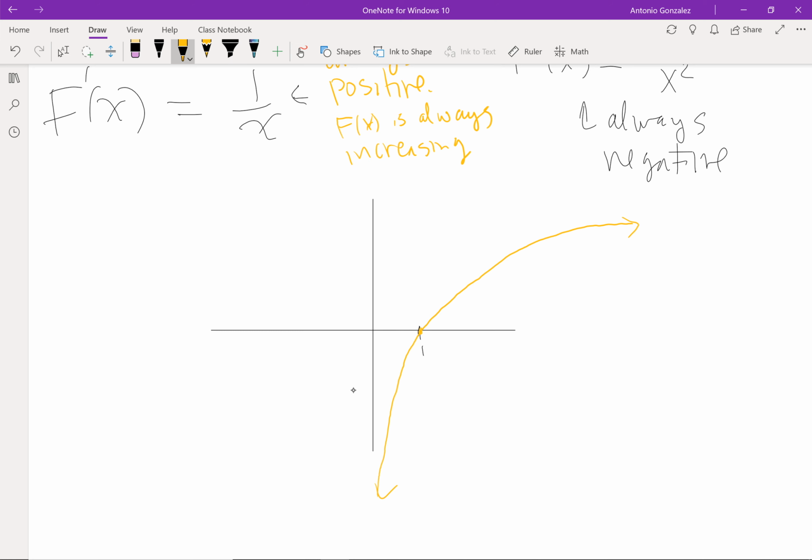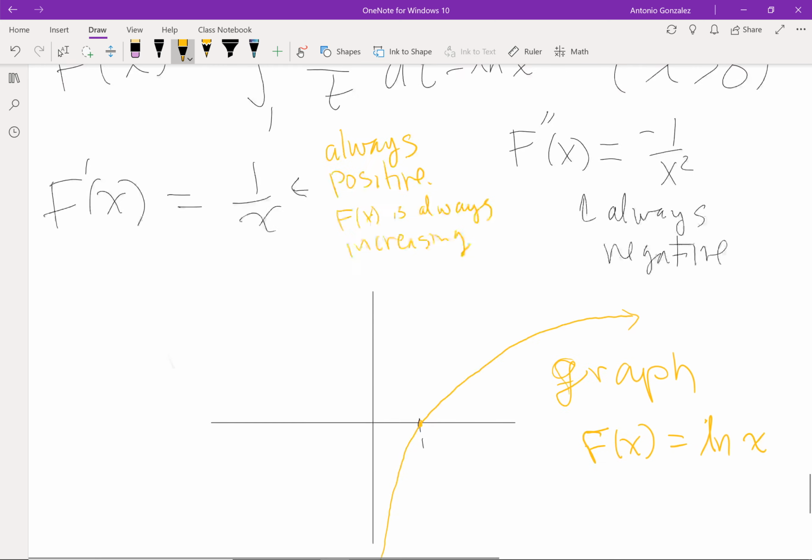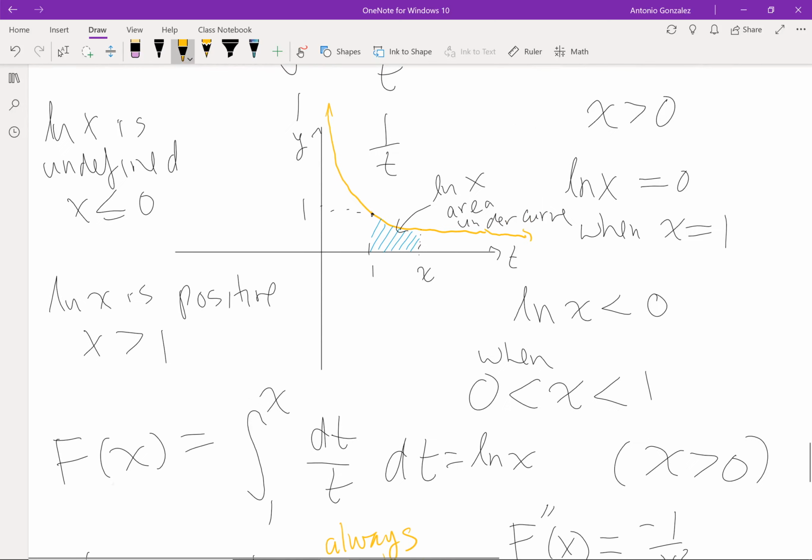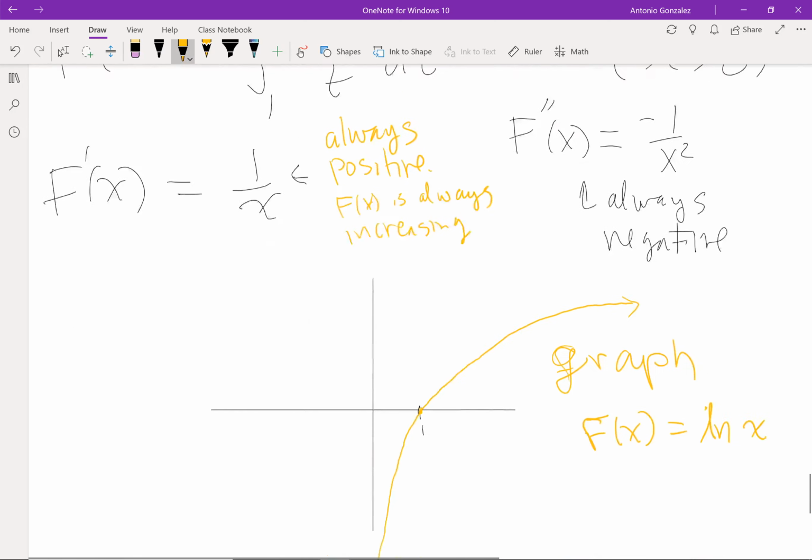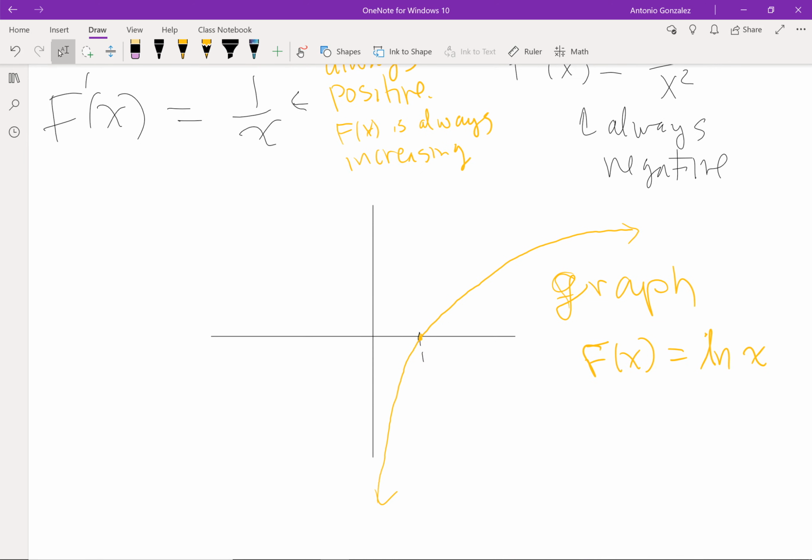And that is the graph of the natural log of x. It satisfies all of these properties: undefined when x is less than 0, so there is no graph to the left of the y-axis, always increasing, always concave down.